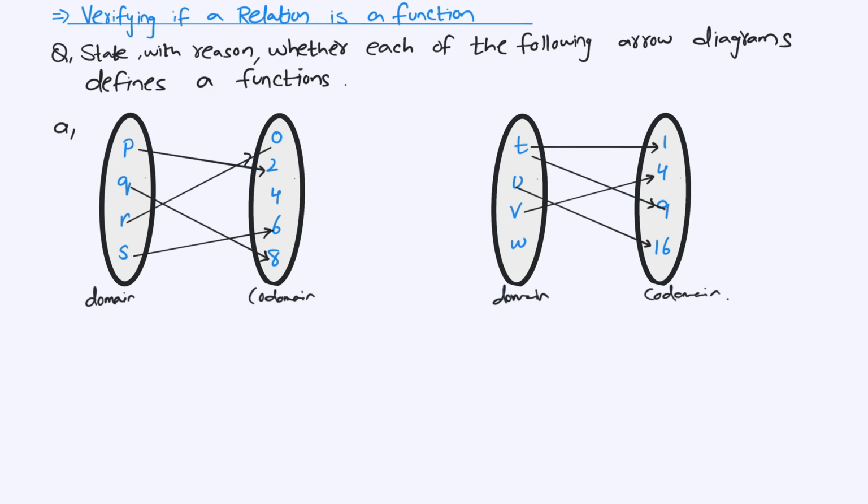So let's look at the first example. Every element in the domain has a unique image in the codomain. Alright? So the first one is yes, it's a function.